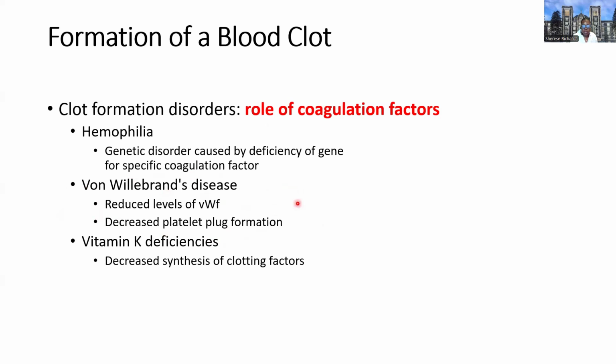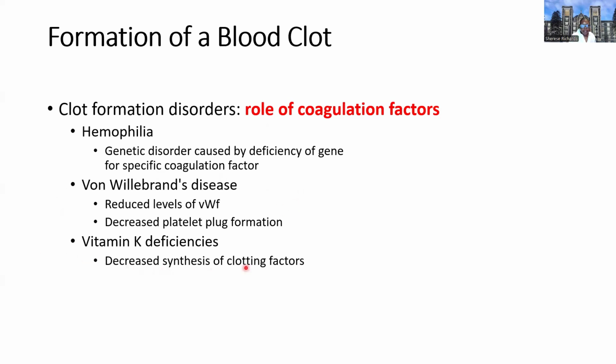And so that can present as easy bruising, easy bleeding, bleeding gums, bleeding in joints, bleeding in muscles with very minimal injury. This can be very, very dangerous. They can bleed out, which can lead to death or very severe conditions because of this easy bruising or bleeding.